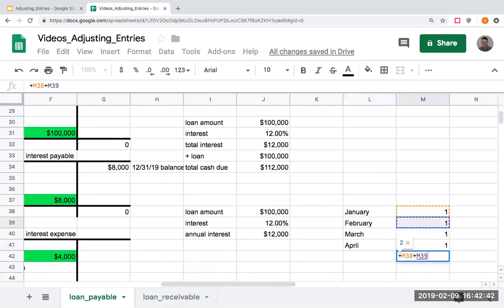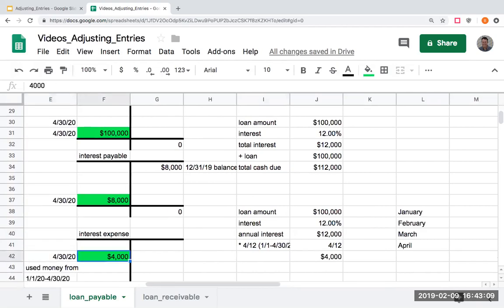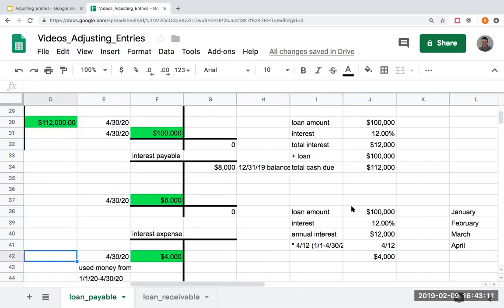So here I've had it for 4 months. And so when I do the interest calculation, this is going to be 4/12, or January 1st through 4/30/20. So $12,000 times 4/12 is equal to $4,000. There are always going to be different ways you can come up with the various numbers, but it's very important to see where these numbers actually come from.